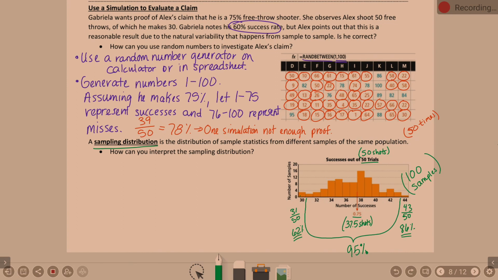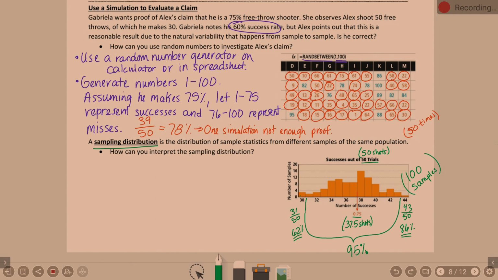Well, no. What this is saying here is that 62 to 86% would be his range of reasonable results. If he's a 75% shooter, to be within 62 to 86% would be the range of normal, reasonable results.